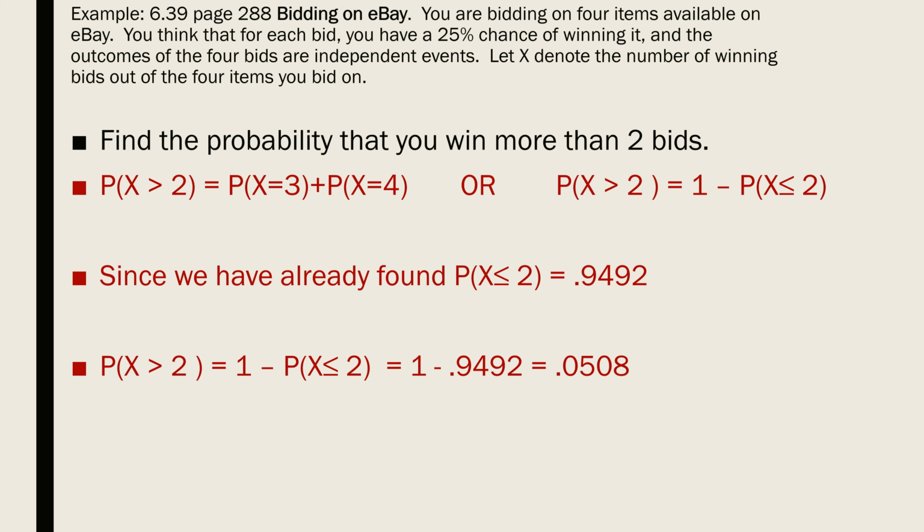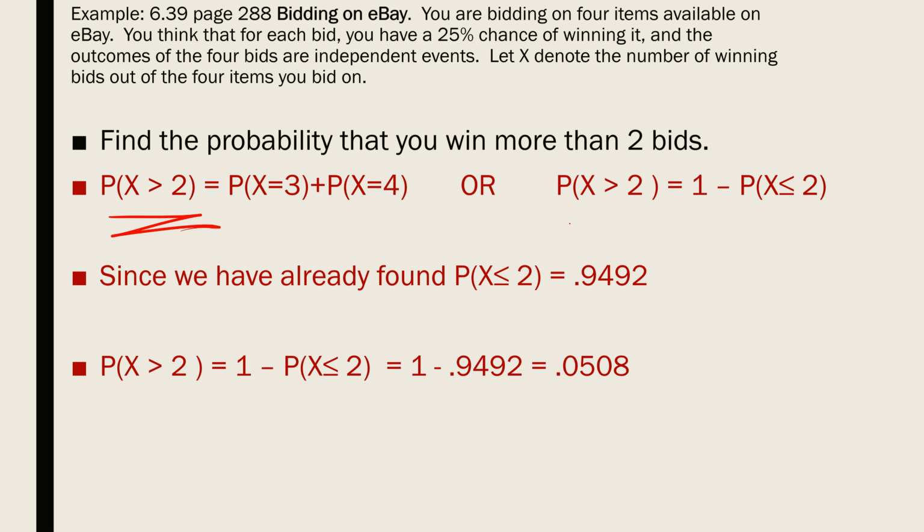Next question. Find the probability that you win more than 2 bids. In the language of mathematics, it equals the probability that x is larger than 2, which equals the probability of x equals 3 plus the probability of x equals 4.